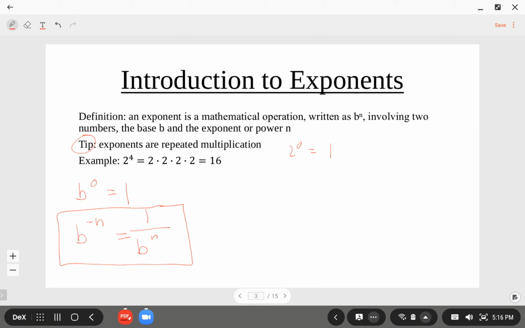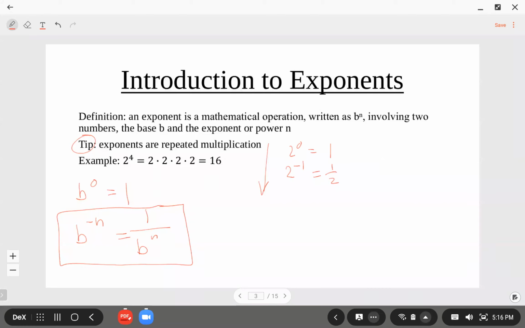Okay, so how do you prove this? Let's keep going down. 2 to the negative 1. What is 1 divided by 2? It's going to be 1/2, right? So let's use our formula, actually. I can prove it with this example, but let's also see if our formula works.